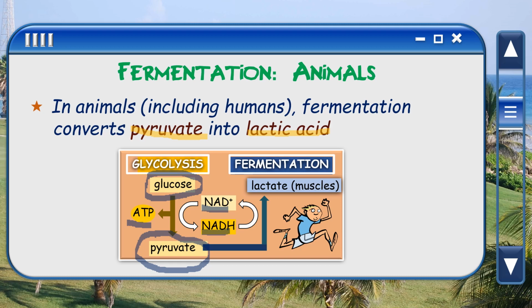So now here, when this happens, it means that if we still have pyruvate, we cannot break down any more glucose. So what we have to do is remove this pyruvate. And this pyruvate is now going to be converted into lactate. But for it to be converted into lactate, we have to use the NADH, which is our hydrogen carrier molecule.